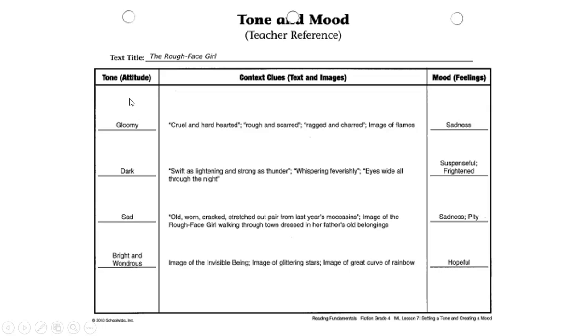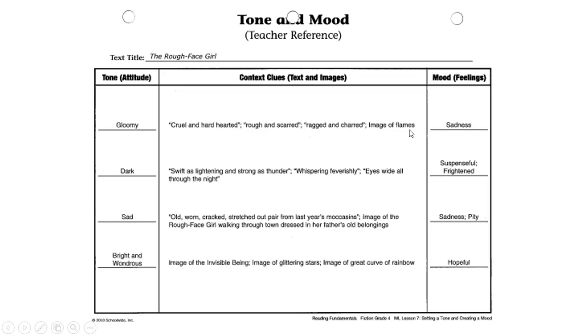So the tone is the attitude of the author, and here is some text that puts us into a mood. So we feel that the tone of the author when he created this first line is that he felt gloomy: cruel and hard-hearted, rough and scarred, ragged and charred.